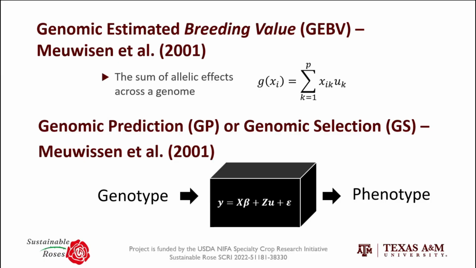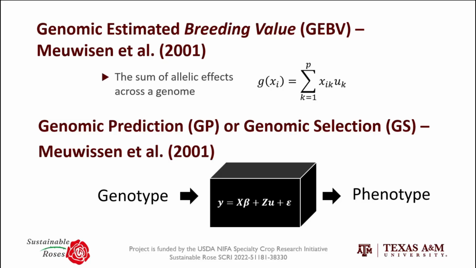But in the end, there are a couple of really smart people in a paper published in 2001 who showed through mathematics that a breeding value, if you talk about markers in a genome, is really the sum of all the allelic effects that you can attribute to every marker. So you have thousands of loci or markers in the genome, and you can tell me what is the effect that each of those has on the phenotype, be it positive, negative, or neutral. If you sum them, then you get a breeding value.